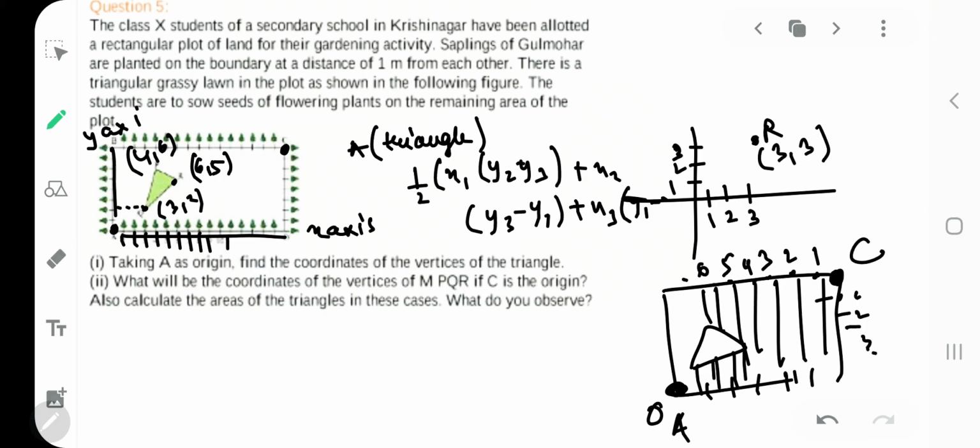And once you got the new coordinates, you have to find the area. Yes, my dear kids. And you will notice that the area in both the cases will be same. Clear? So the area of triangle will not be having any impact.